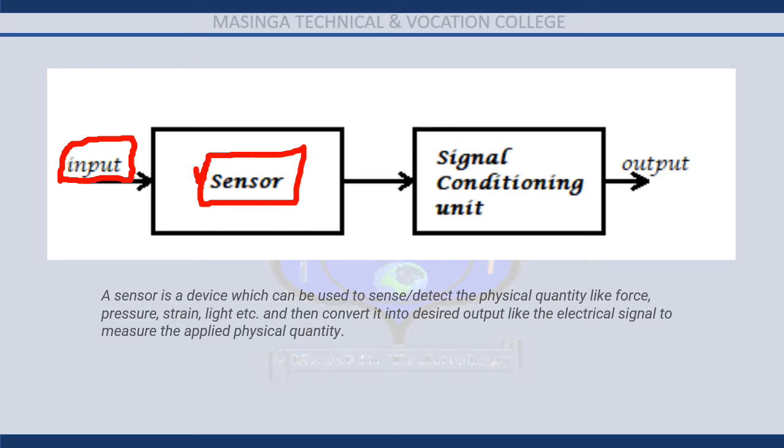This change within the sensor is then detected by the signal conditioning unit. The signal conditioning unit will convert this change into an electrical signal, which is then the output. The output is an electrical signal conveying the change in an input.